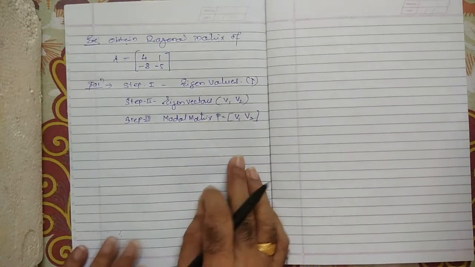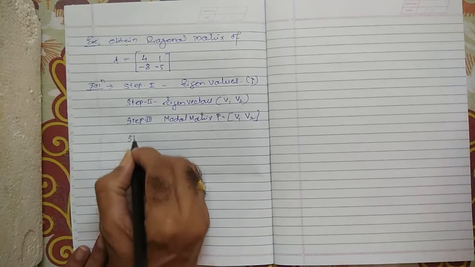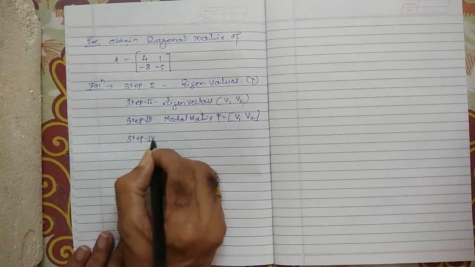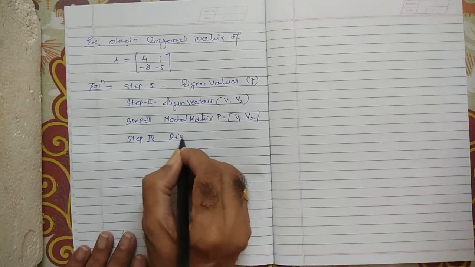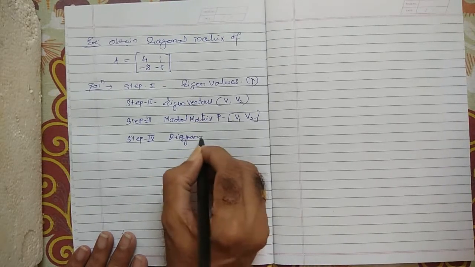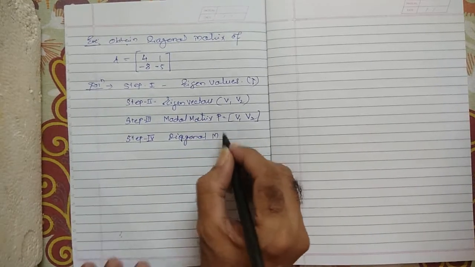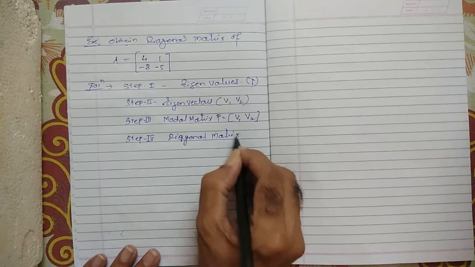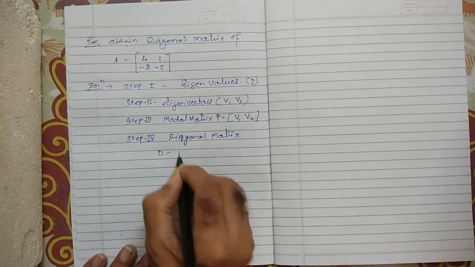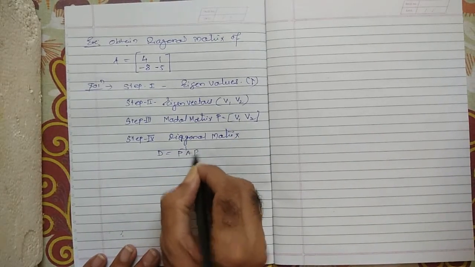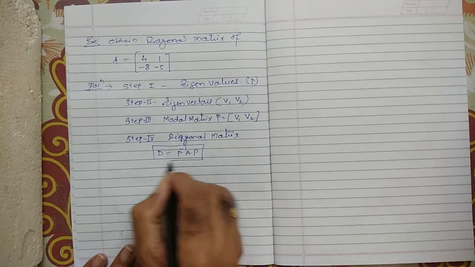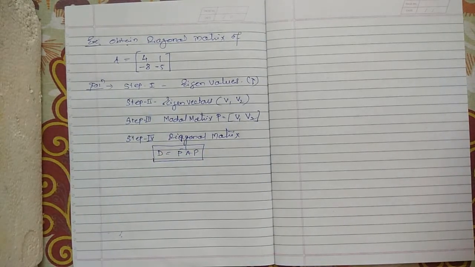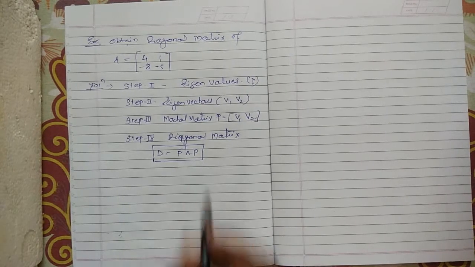And in step 4, the diagonal matrix D is equal to P inverse A into P. We have to use this formula to find the diagonal matrix.